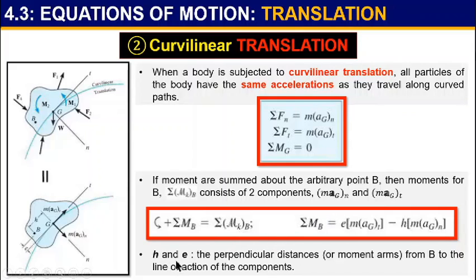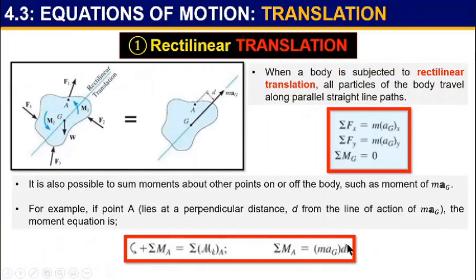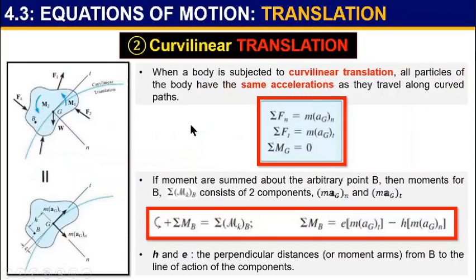Now, h and e are the perpendicular distances or moment arms from B to the line of action of the components. So here we can see h and e for the normal and tangential components. Similar to this one, we have d here, the perpendicular distance of point A from point G, the body's mass center.